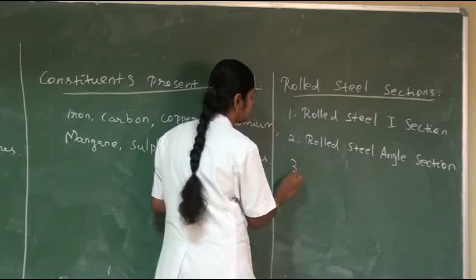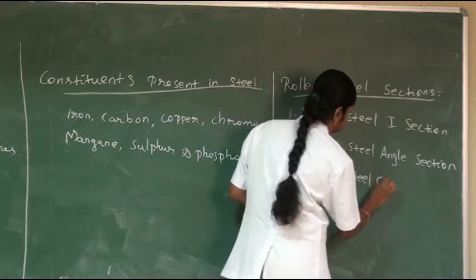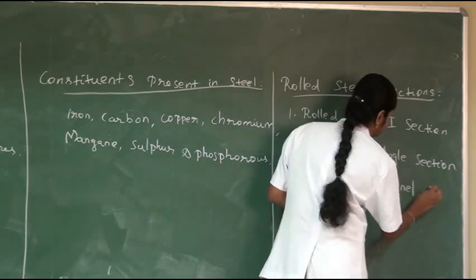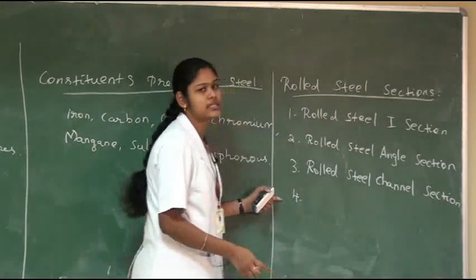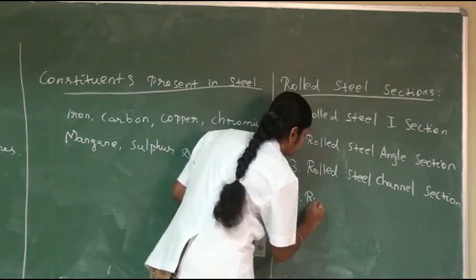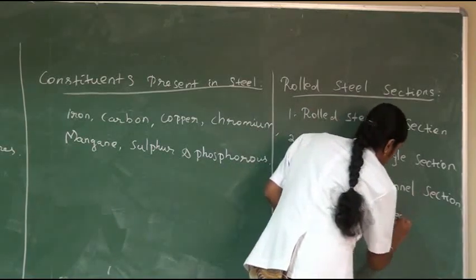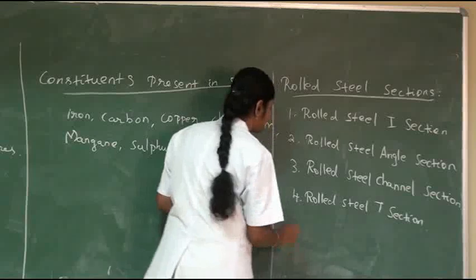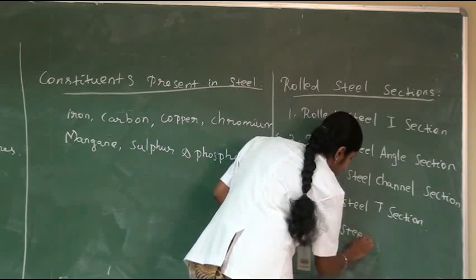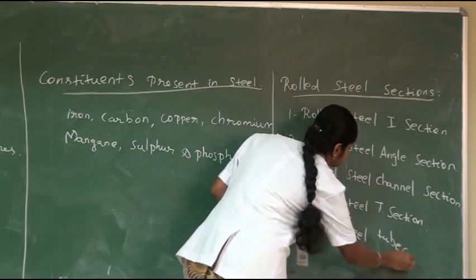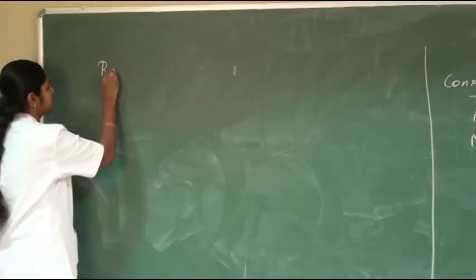Third one is rolled steel channel section. Fourth one is rolled steel T section. Then the next one is rolled steel tubes. First we are going to see rolled steel I section.